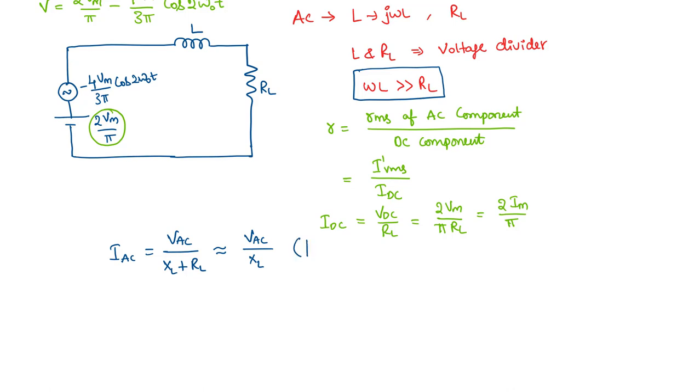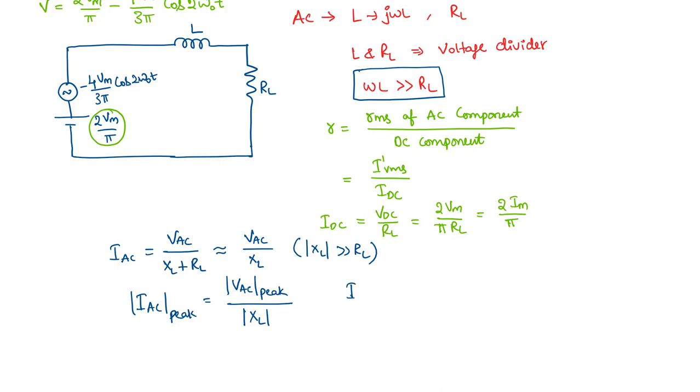In order to find I dash RMS, we need the peak value of the AC component across the load resistor, so we need the peak value of IAC. IAC peak will be equal to VAC peak over the magnitude of XL.